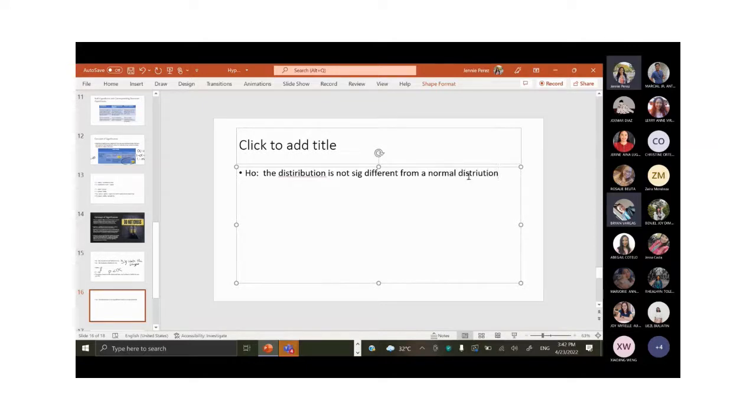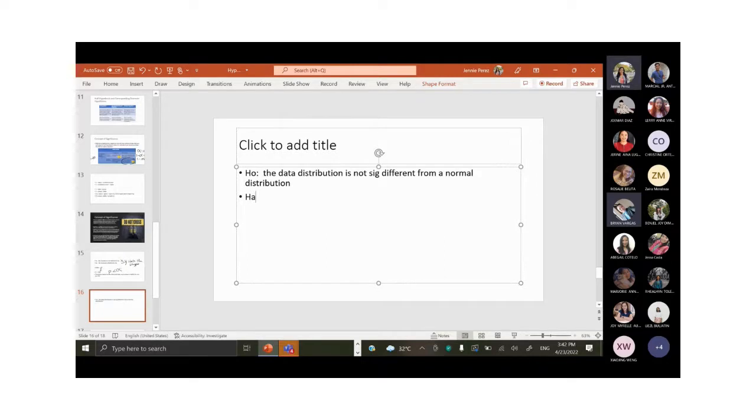Ganun ang ginagawa ni Shapiro-Wilk. Okay. The data distribution of your data set is not significantly different from a normal distribution.